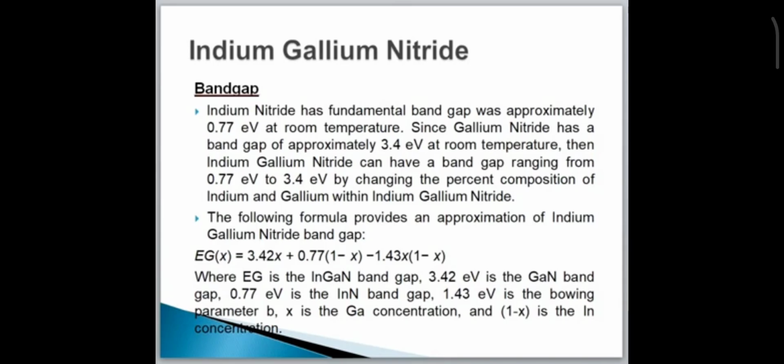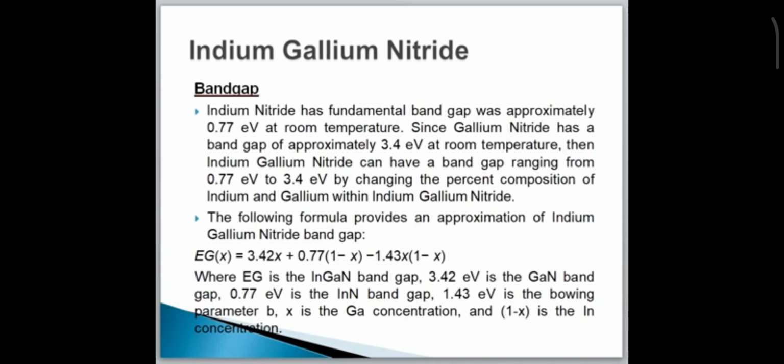Since gallium nitride has a band gap of approximately 3.4 electron volt at room temperature, indium gallium nitride can have a band gap ranging from 0.77 electron volt to 3.4 electron volt by changing the percent composition of indium and gallium within indium gallium nitride.